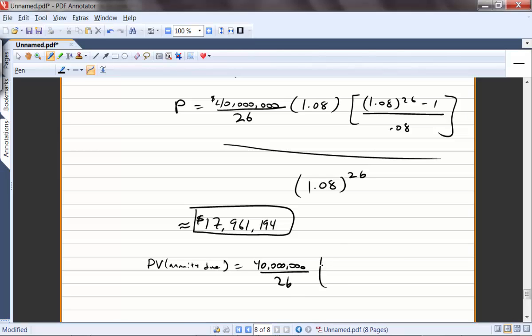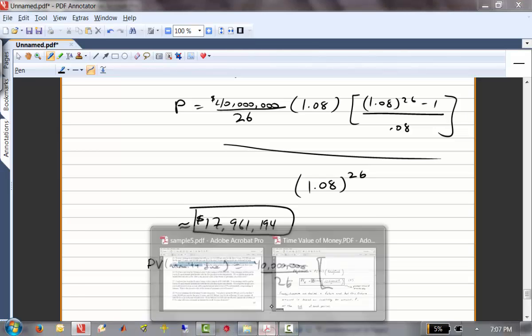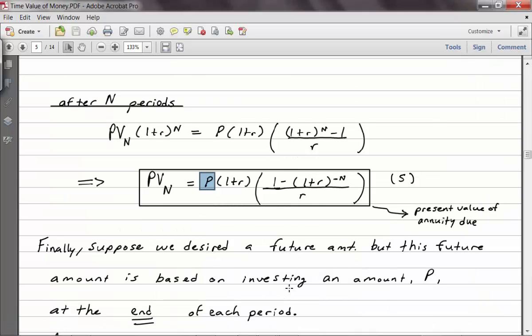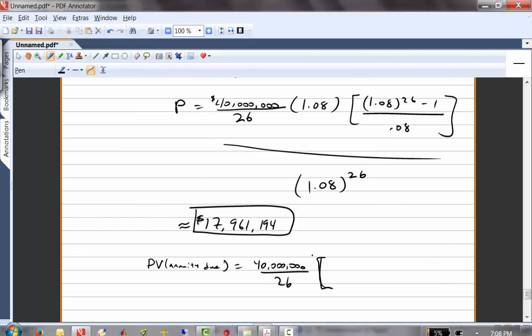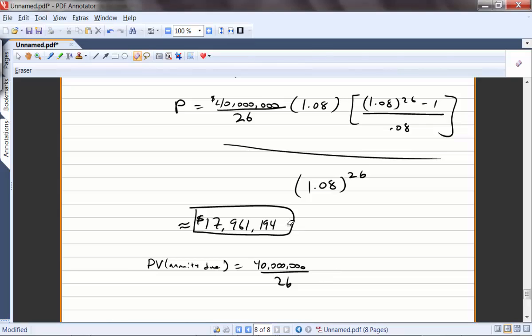According to the formula, we take it times 1 plus r, and then times 1 minus (1 plus r) to the power of negative n, over r. So times 1 plus 0.08, then times 1 minus 1.08 to the power of negative 26, over 0.08.